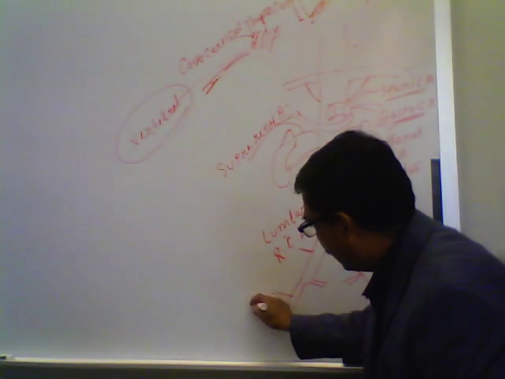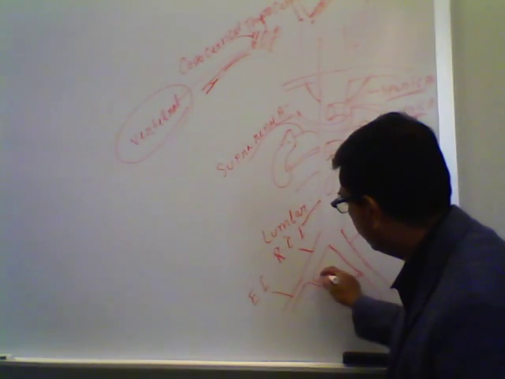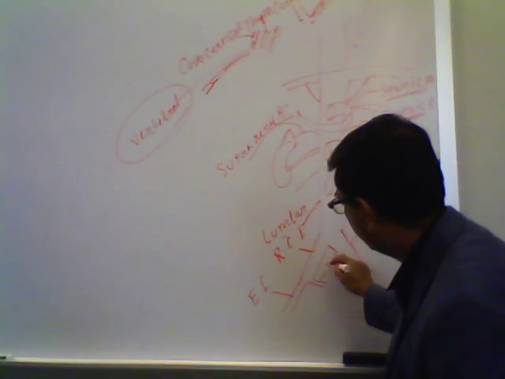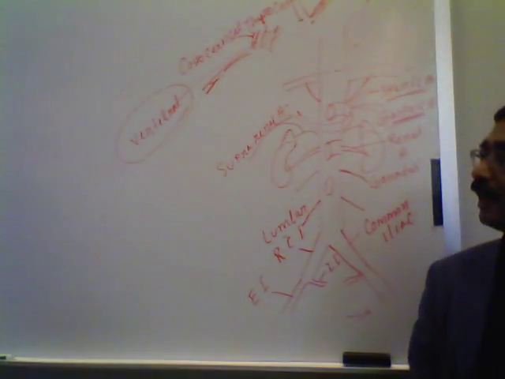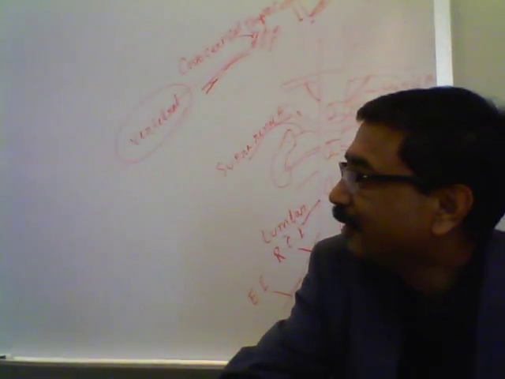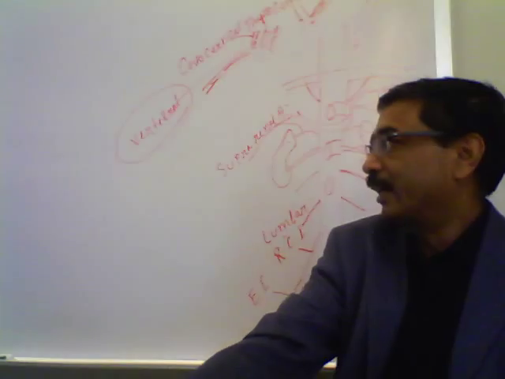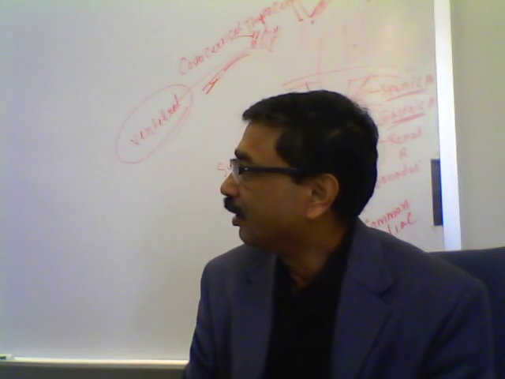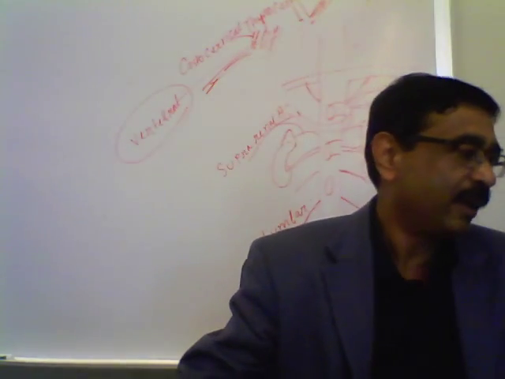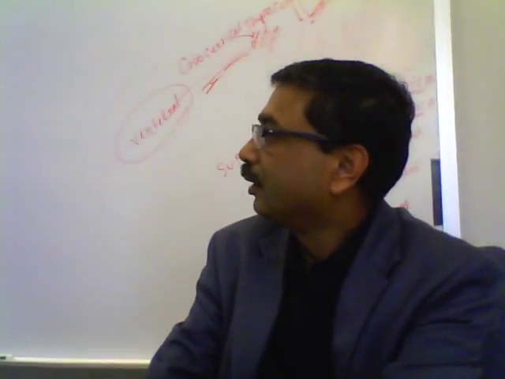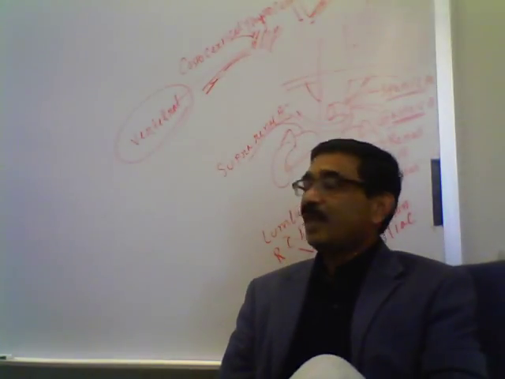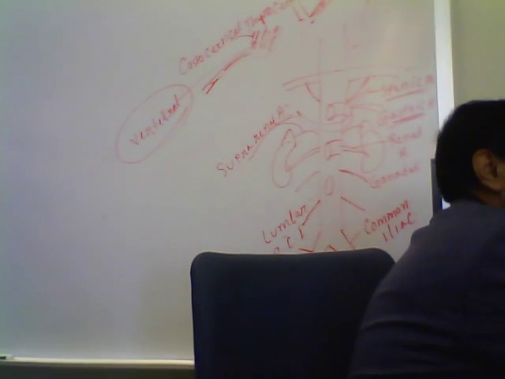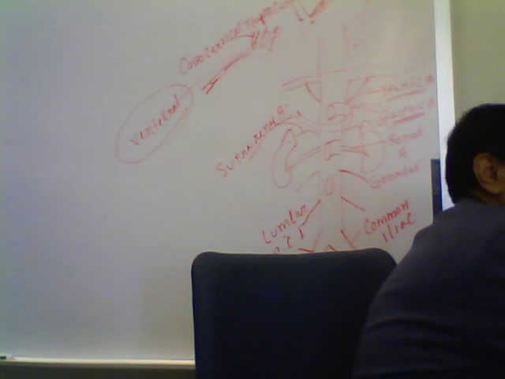So external iliac and internal iliac. See in that picture, the lower end of the abdominal aorta, the descending aorta, divides into right and left common iliac, and they go here. Here is the right common iliac, and it divides into the external and this one is internal.